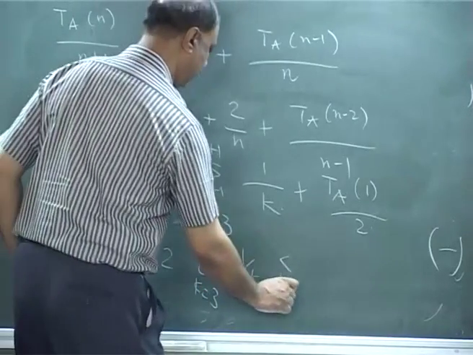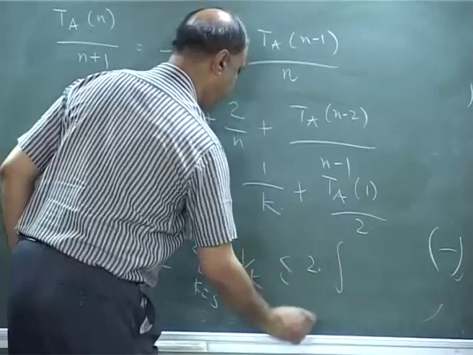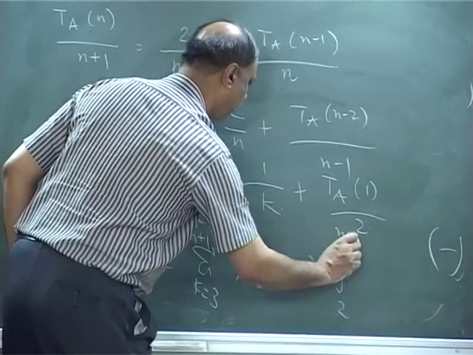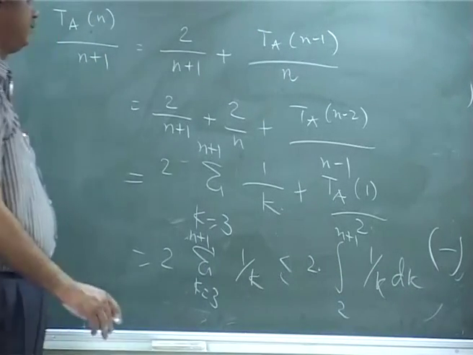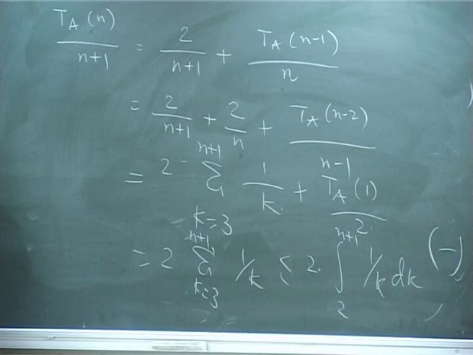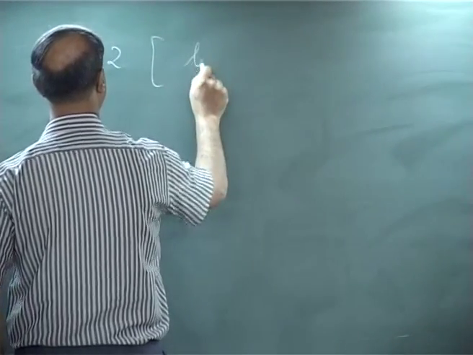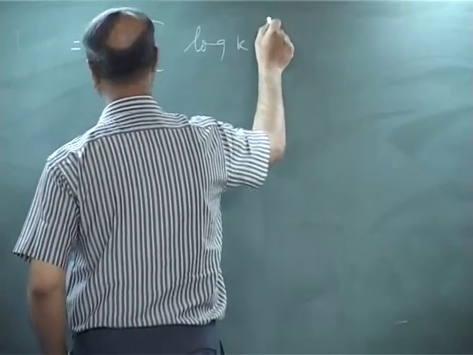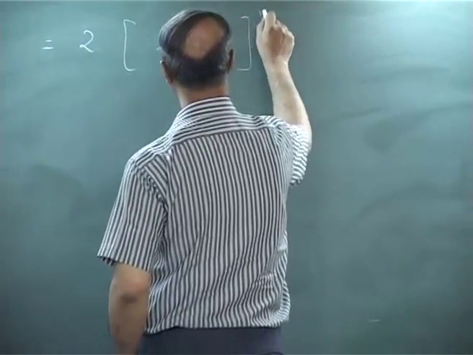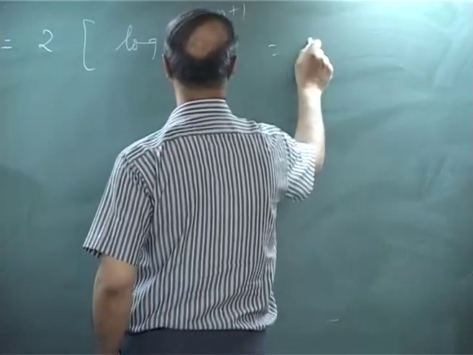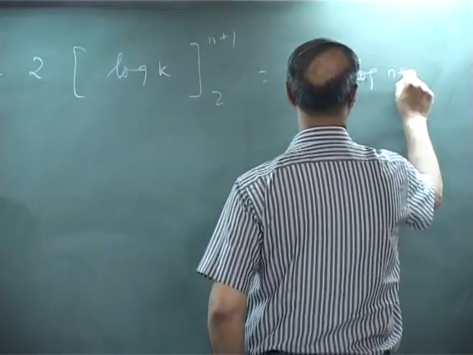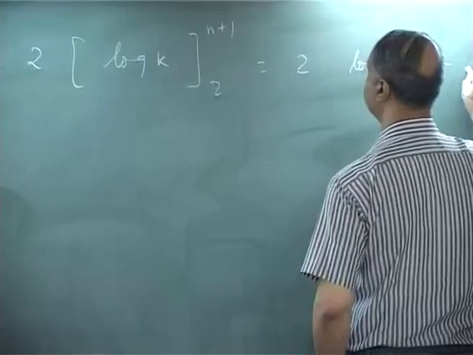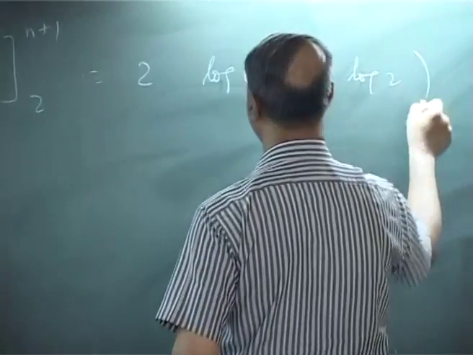This is less than or equal to 2 times integration 2 to n plus 1, 1 by k dk. And that is equal to 2 times log k from 2 to n plus 1, that is 2 times log of (n plus 1) minus log 2.